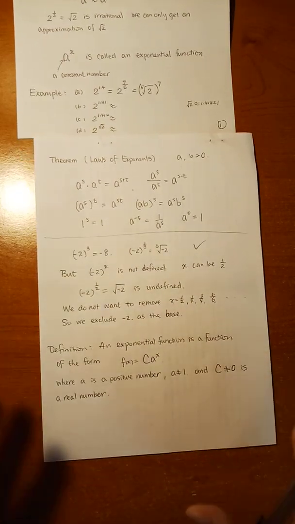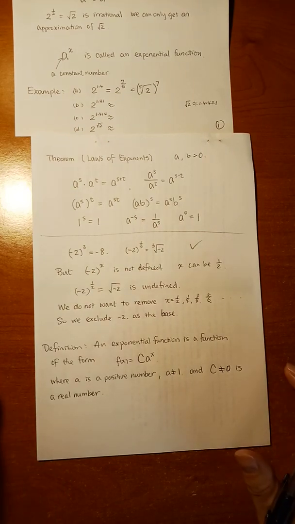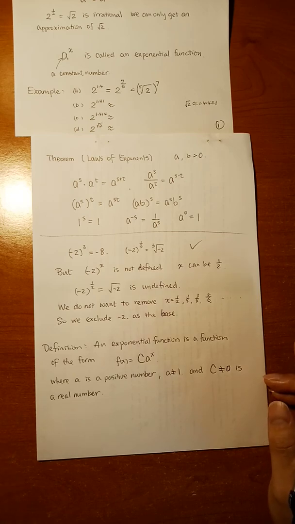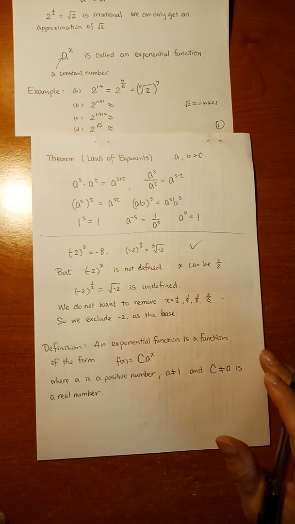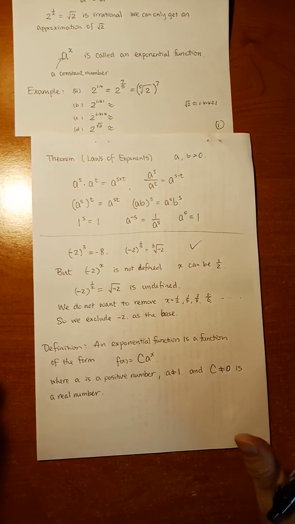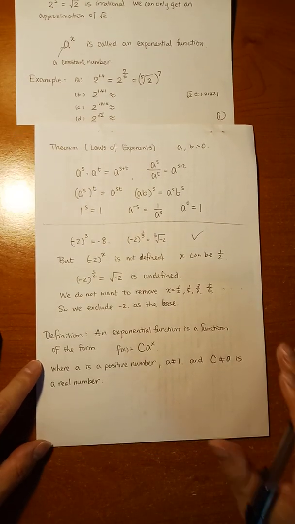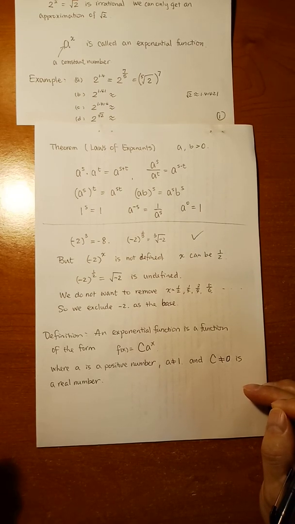Now let's make it clear. Only when we discuss the solutions of polynomials, especially with the fundamental theorem of algebra, are we interested in the complex numbers. Otherwise, in pre-calculus and calculus, without additional requirement, we only discuss the real numbers. Even though we know there are complex numbers, without additional requirement, all the x, y, a, b, c are real numbers.